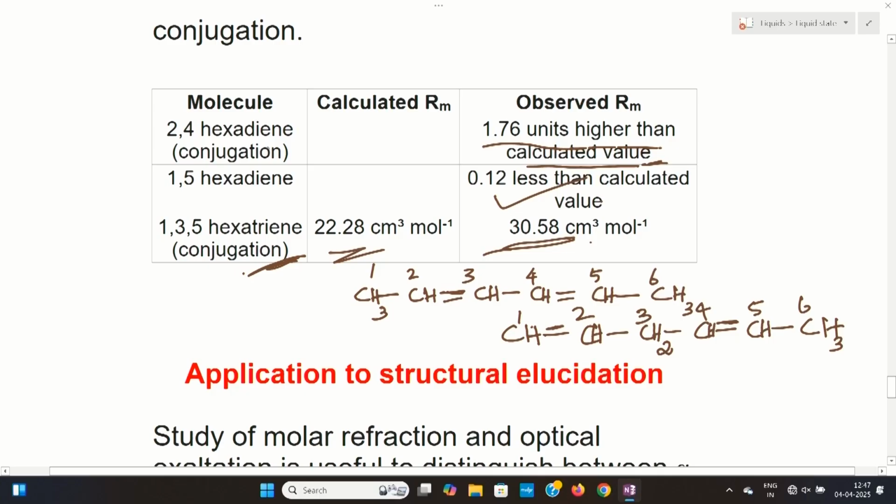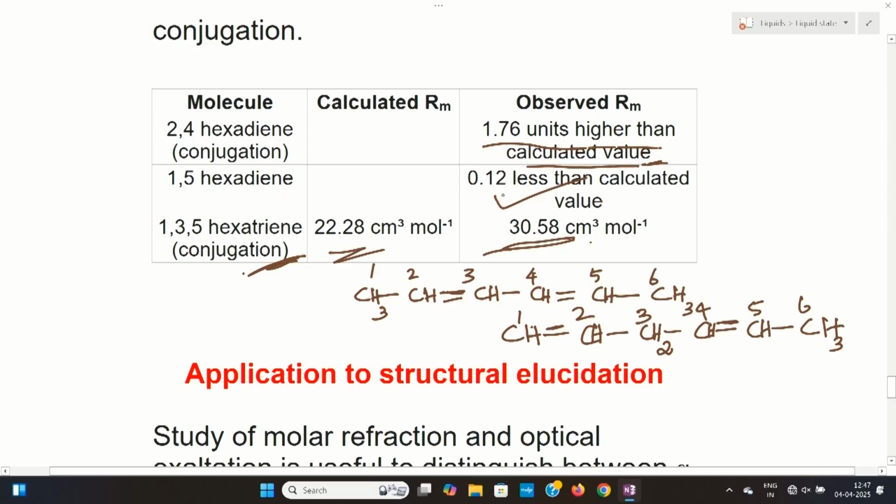So when we look into 2,4-hexadiene, 1,5-hexadiene and 1,3,5-hexatriene, when the molecule shows conjugation, the observed value was higher than the calculated value. That is, these molecules showed optical exaltation. But for 1,5-hexadiene, the observed value was less than the calculated value.